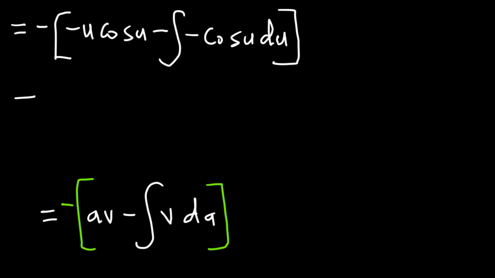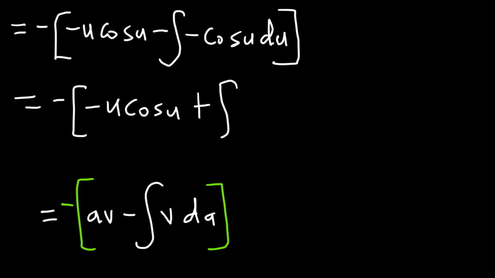So this will be equal to negative into negative u cosine u, and then a negative times a negative will give us a positive. So this will be plus integral of cosine u du.